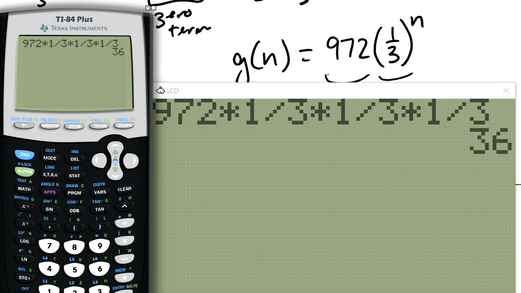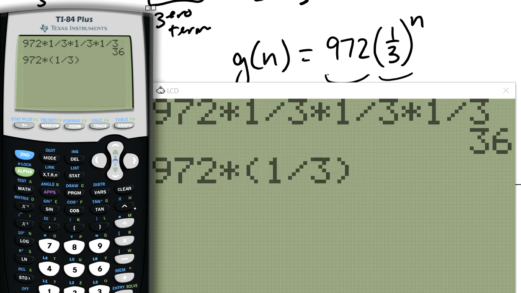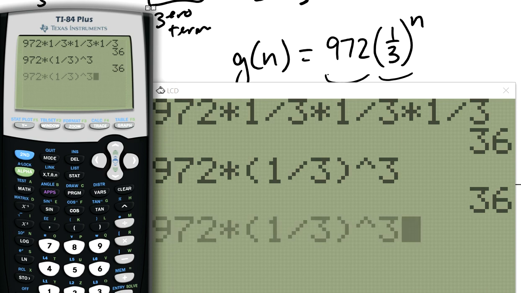Instead of doing that, the beauty of exponential notation is I can write 972 times 1/3 in parentheses and raise that to a power. If I raise it to the 3rd power, you can see I get the number 36. But if I raise it to the 4th power, all of a sudden I'm sitting at 12.